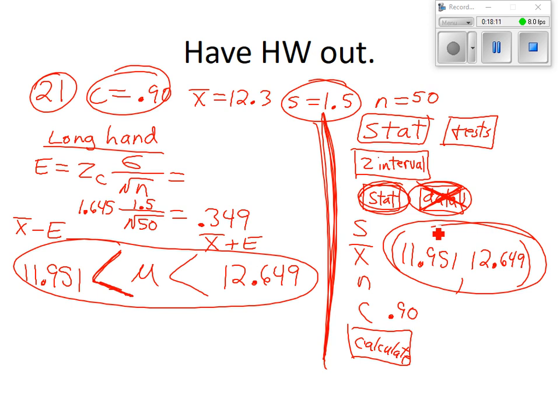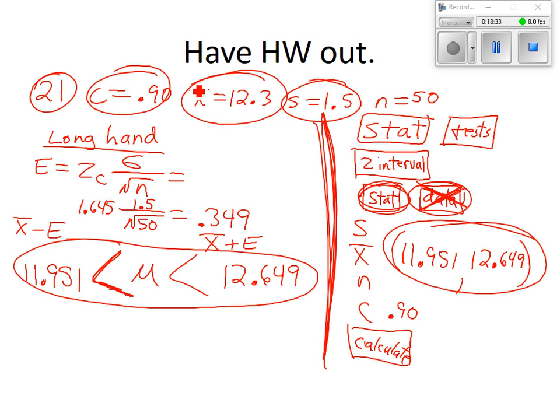And what we're saying with all of this, our sample said that the mean was about 12.3. Well, we know that every sample is going to be different. So the population mean isn't probably going to be exactly 12.3.